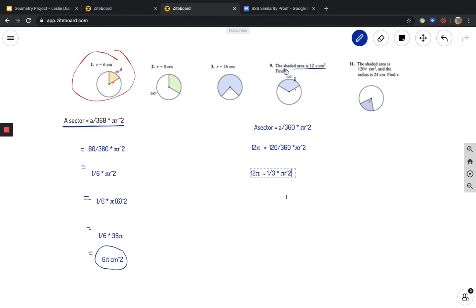Now the next thing that we can do in order to get rid of that fraction is multiply by 3, since that's going to cancel out the 1/3. Now we multiply by 3 on both sides, we get 36 pi is equal to pi r squared.